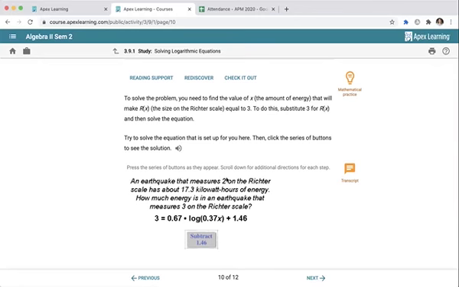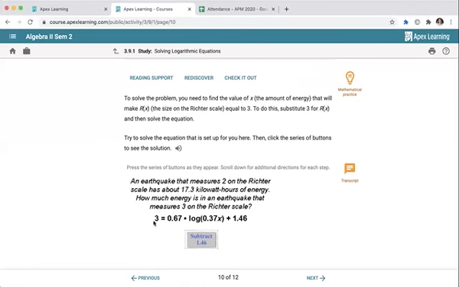The first step was to figure out in general how much energy an earthquake has when it measures a 3 on our Richter scale, and then take the difference between the 3 and the 2.